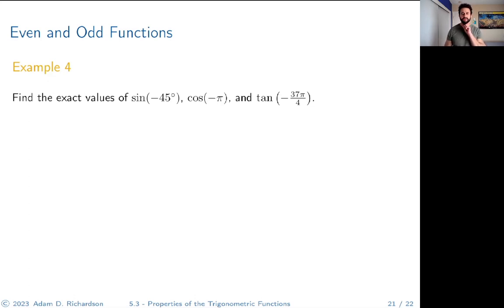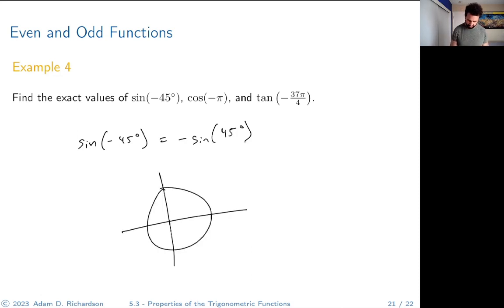If I'm going to use even and oddness, I remember that sine is an odd function. What does an odd function mean? It means sine of negative 45 degrees is going to be negative sine of 45 degrees, because if I change the sign of the input, it changes the sign of the output. But what's sine of 45 degrees?